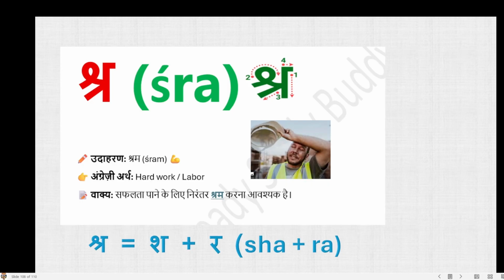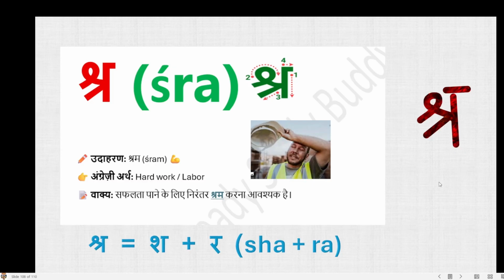Now, let's see the strokes. A standing line, a curved slanting line, take a turn, make a slanting line, again a slanting line facing downwards, finally a sleeping line on top. I repeat, a standing line, a curved slanting line, take a turn, small slanting line, again place a slanting line facing downwards, finally a sleeping line on top.